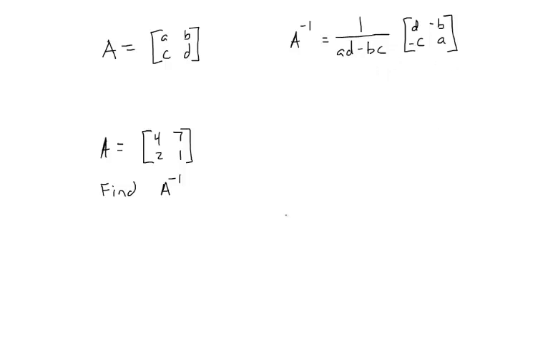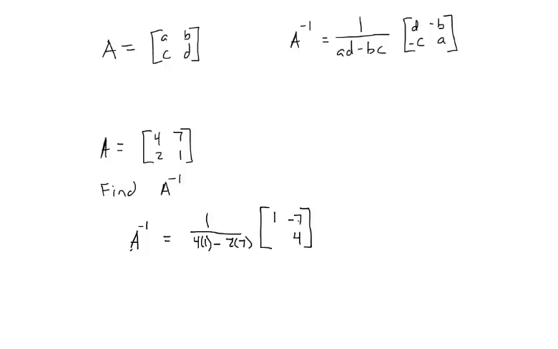So let's take a look at an example. Here we have A equal to [4, 7; 2, 1], and we want to find A inverse. So A inverse, or A^-1, is equal to 1 over a times d, so 4 times 1, minus 2 times 7, and now times, we're going to flip 4 and 1, so now we have 1 in this corner and 4 in the lower corner, and we're going to add negatives to b and c.